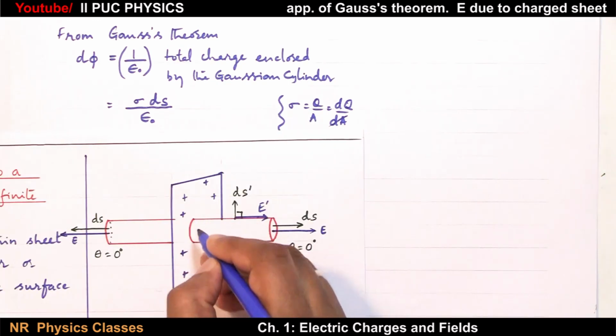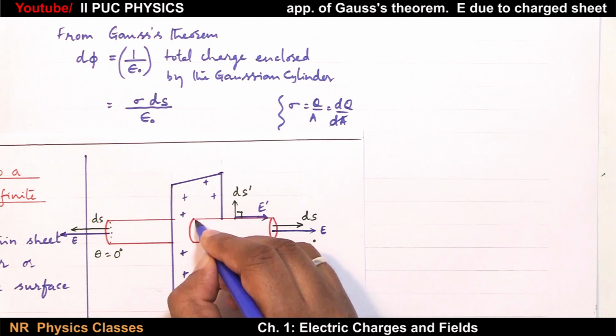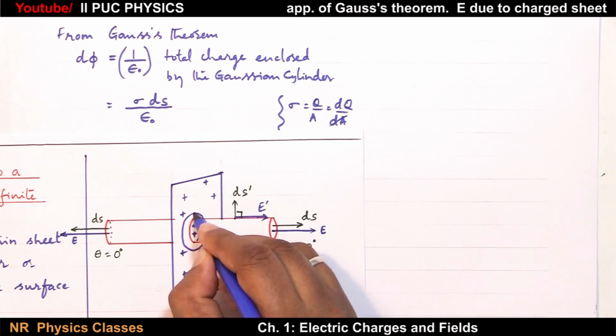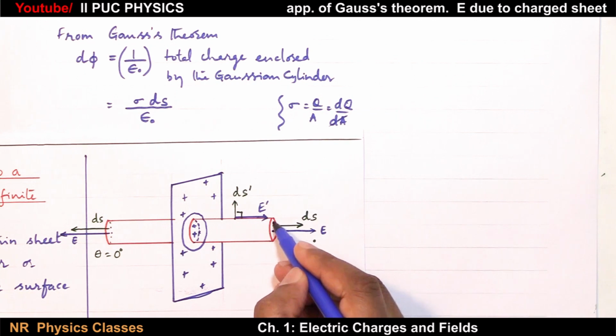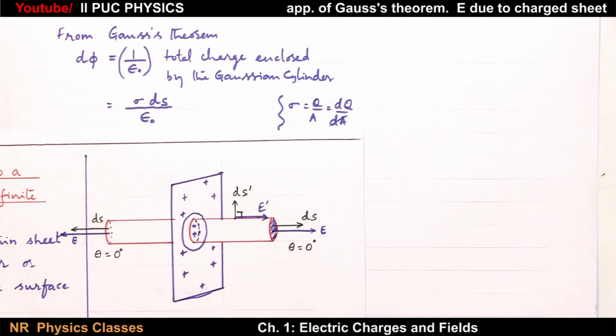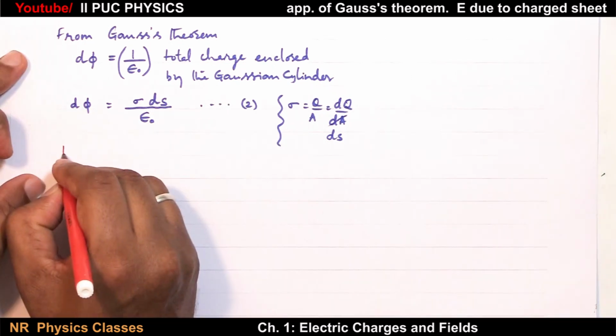Okay, in this diagram, charge within the Gaussian cylinder means it is this charge found in this region. Okay, charge found in this region, that is sigma into ds. If ds is area of this circle, then ds is area of this region. Therefore, d phi equals sigma into ds by epsilon naught. This is equation 2.